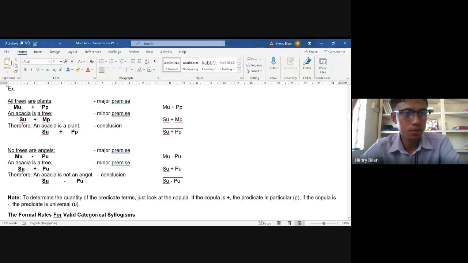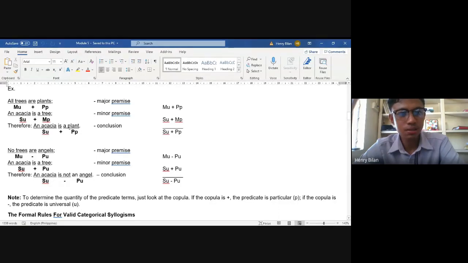So more examples for our syllogism. All trees are plants. An acacia is a tree. Hence, an acacia is a plant. So let us identify the different terms. So nasaan ang ating major term?